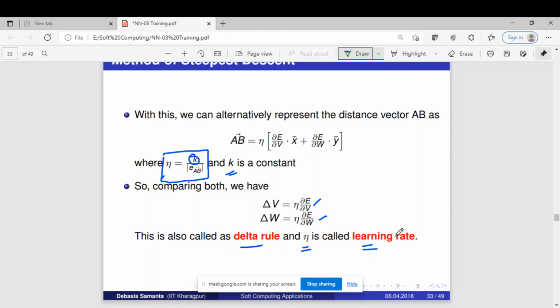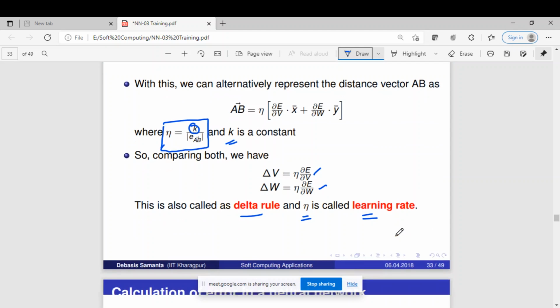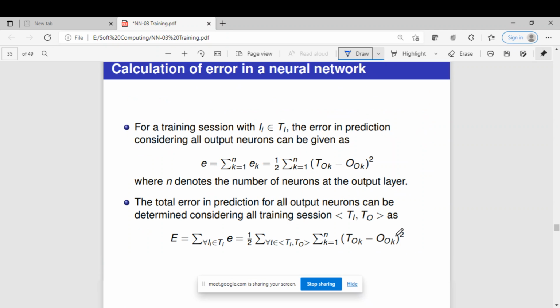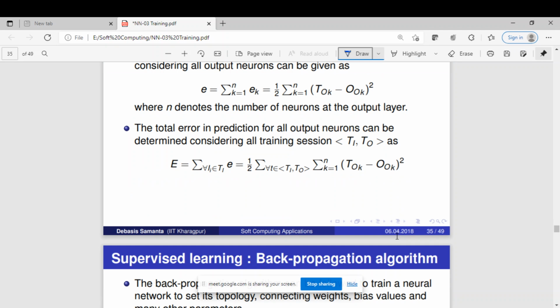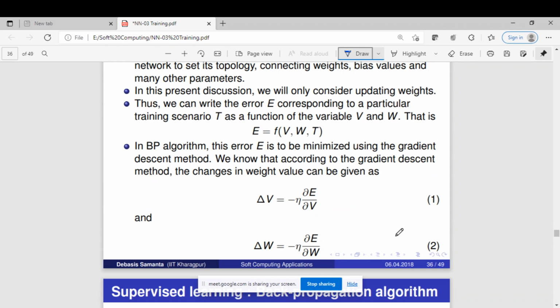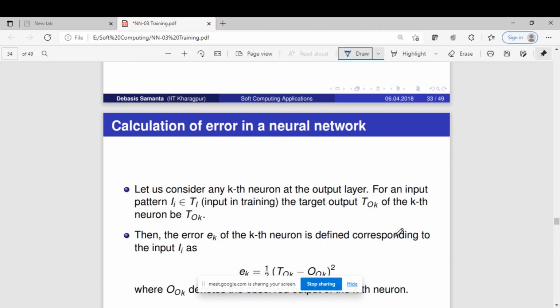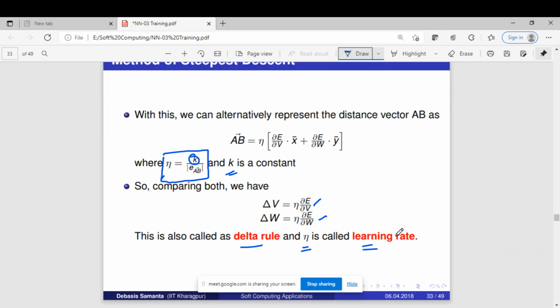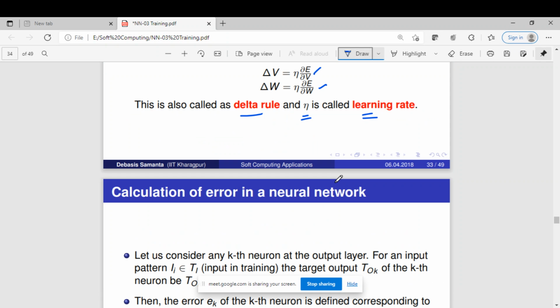Fine. So now, in the previous slide what we observed is that del v is eta into differentiating error with respect to v, and del w is eta into differentiating error with respect to w.